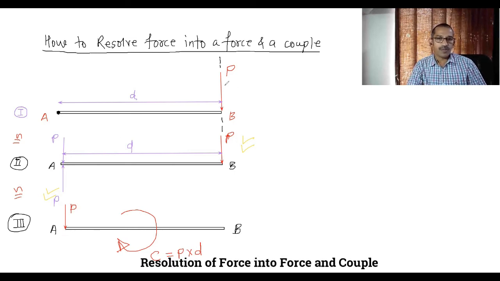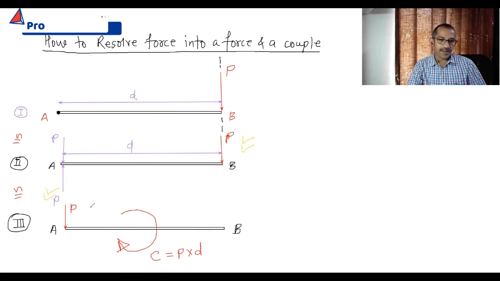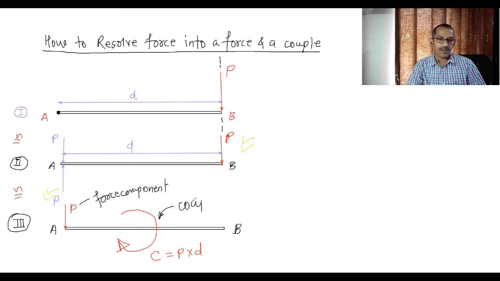So when we resolve the force into a force and a couple, what force are we getting? P, which we represented at A, is called the force component. This is called the force component because we are resolving the force into a force and a couple. And the couple we represented here is called the couple component.